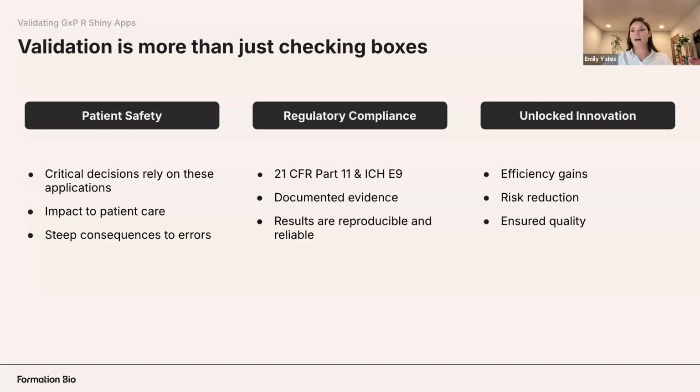That means comprehensive testing, validated audit trails, and robust change control processes. During an inspection, you have to demonstrate through this documented evidence that the Shiny apps are performing as intended, and validation can provide the framework necessary to begin to fulfill these regulatory obligations.